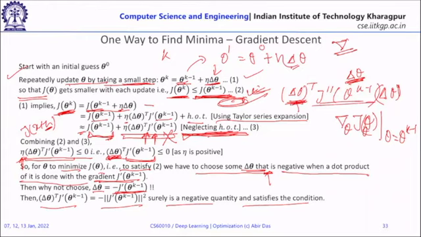You can convince yourself in terms of a scalar. It is like delta theta square, if theta is a scalar, times j double prime theta k minus 1 divided by 2 factorial, then delta theta cube will come, so we move by a very small amount.